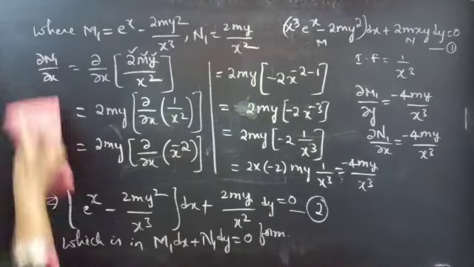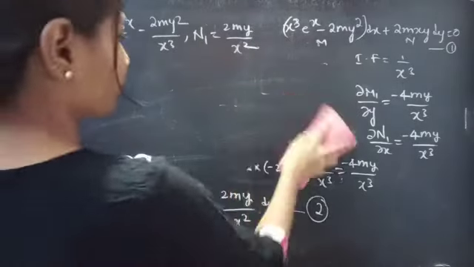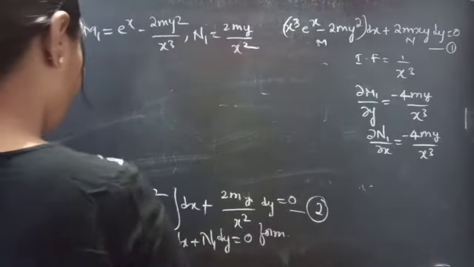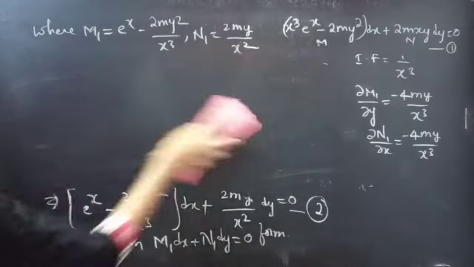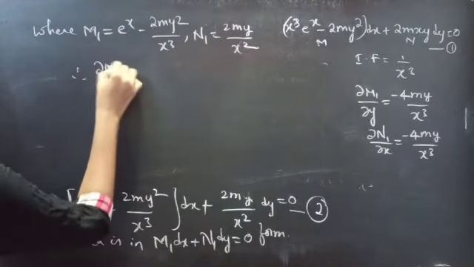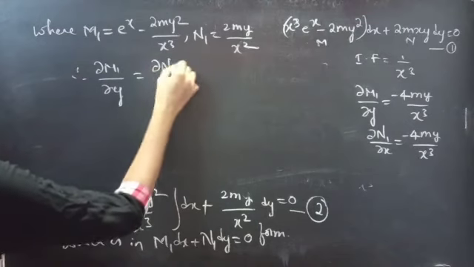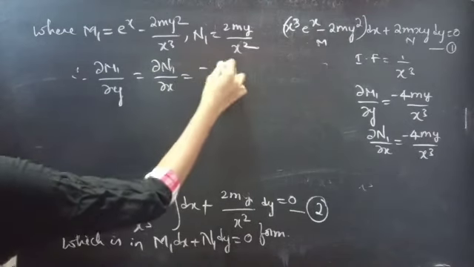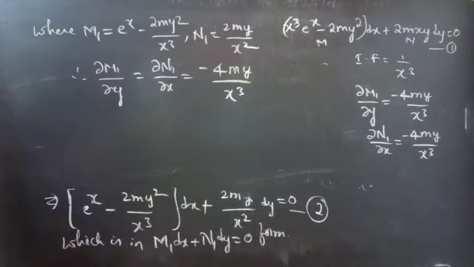So from this we can say that the partial derivative of m1 with respect to y equals the partial derivative of n1 with respect to x, which equals minus 4my by x cube.